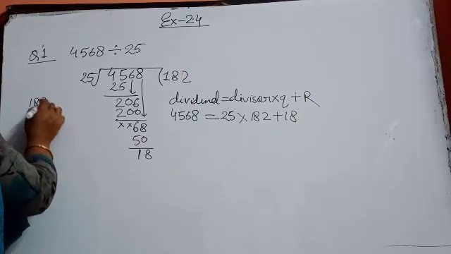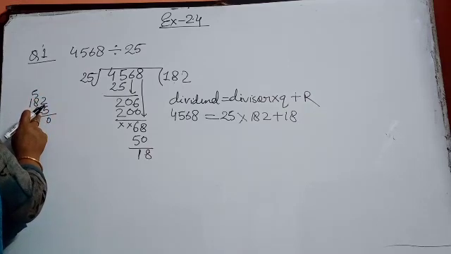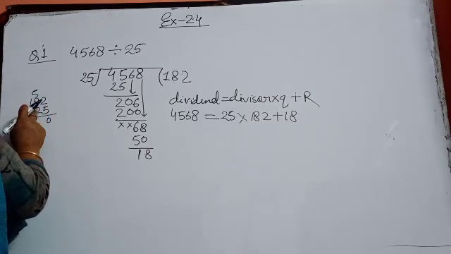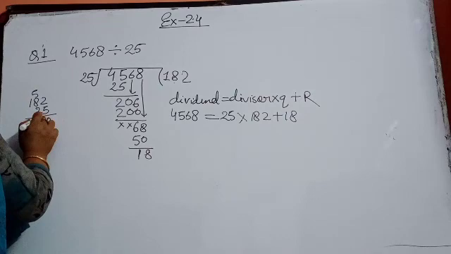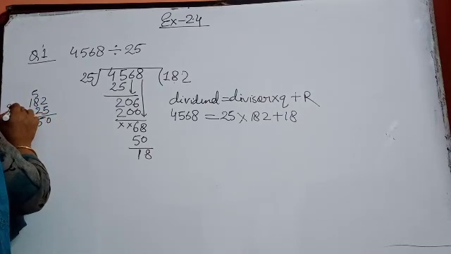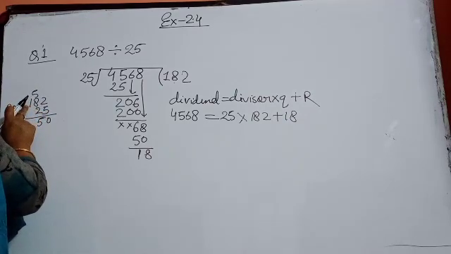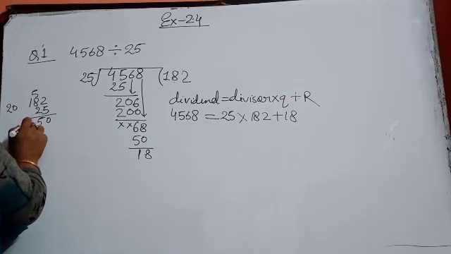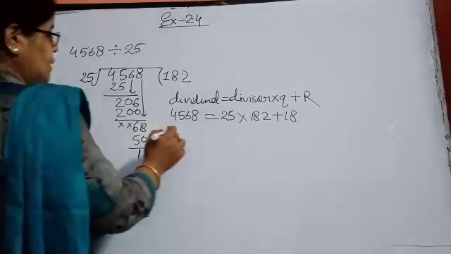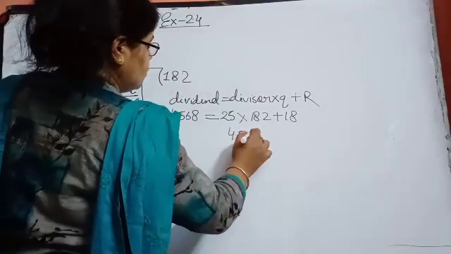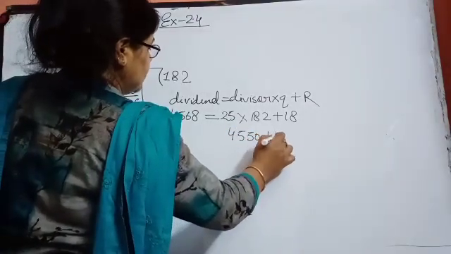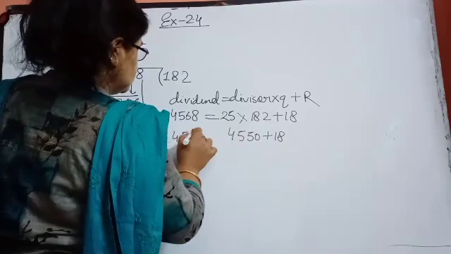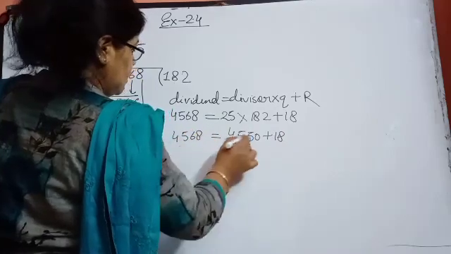25 twos are 50, 5 carry. 25 eights are 200. 200 plus 5 is 205. What will be the carry? 20. 25 ones are 25. 25 plus 20 is 45. So it will be 4550. Multiplication is 4550 plus 18, 4568, is equal to.